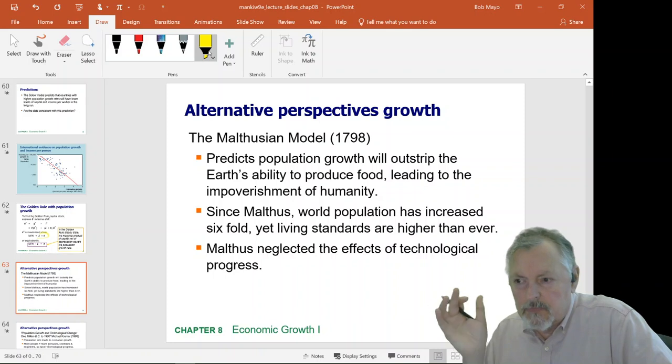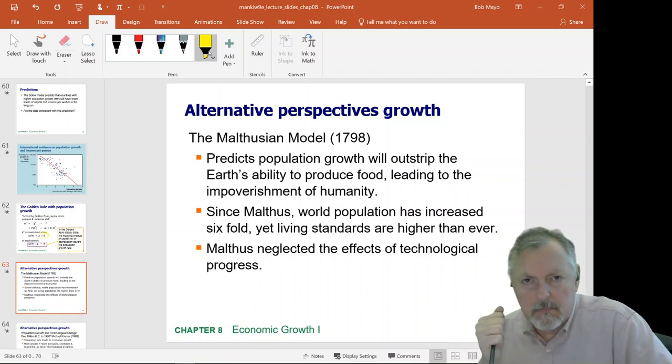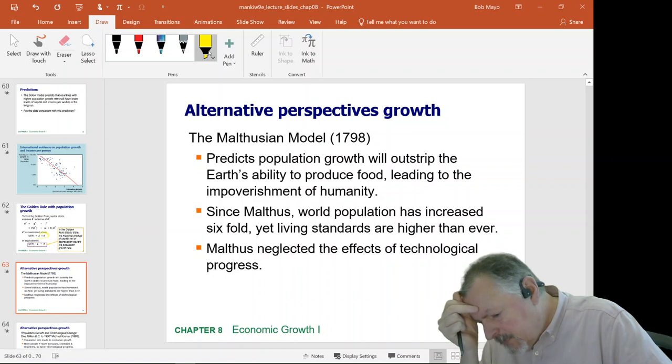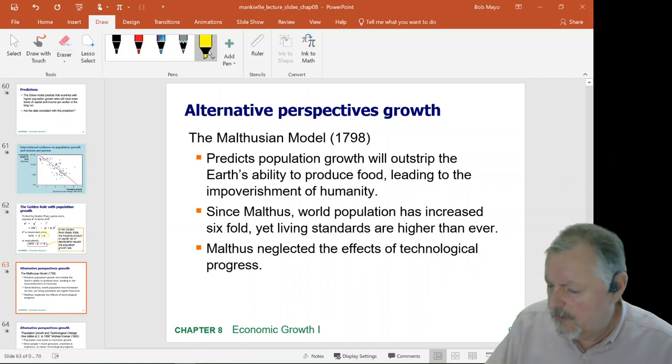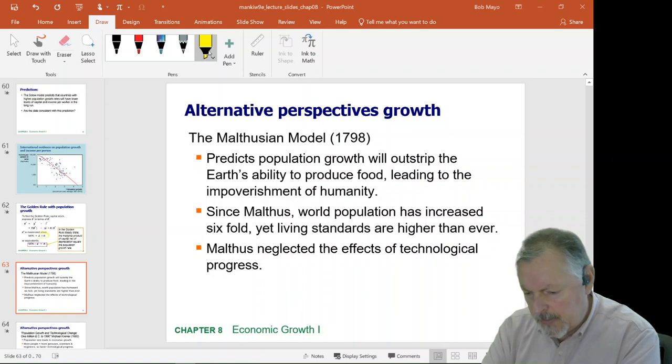This is sort of reminiscent of Malthusian beliefs. Boy, I wish we had the whole class time together so I could discuss this more.